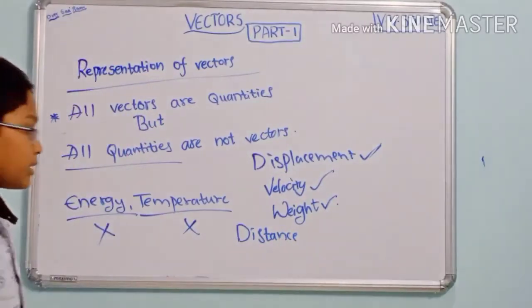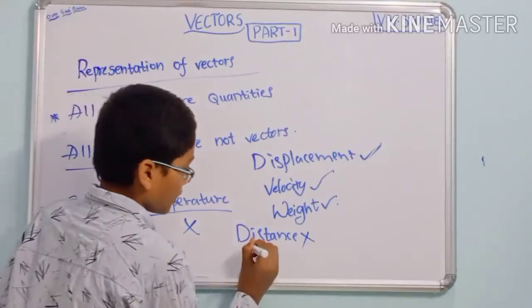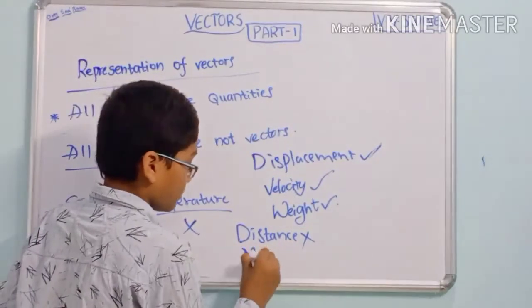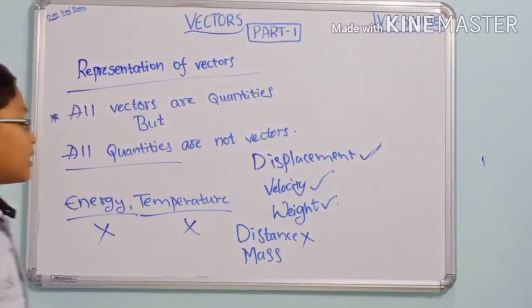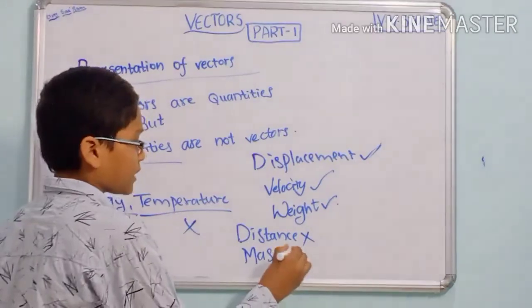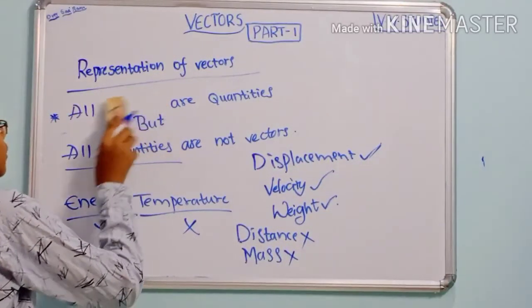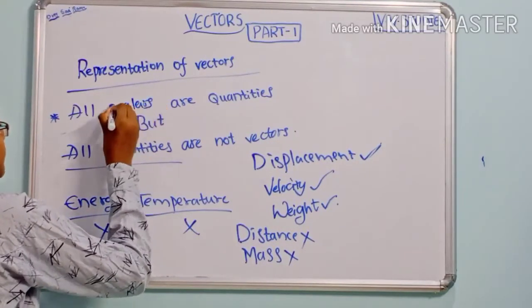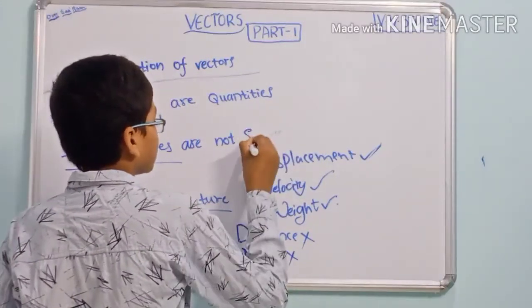This is a quantity, but this is not a vector. And another example of scalar, okay, mass. Mass is a quantity, but not a vector. Same for scalar also. All scalars are quantities, but all quantities are not scalars.